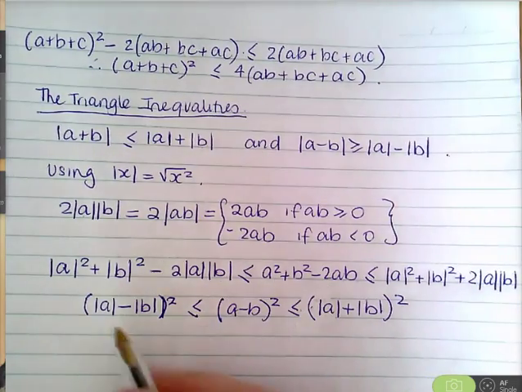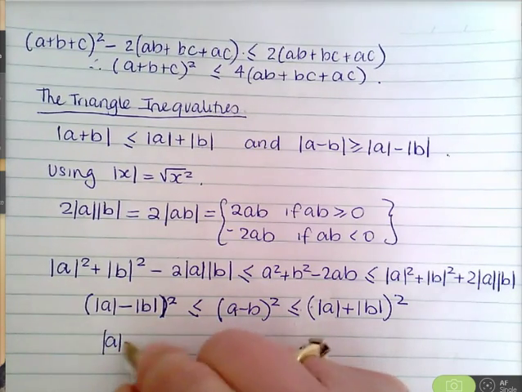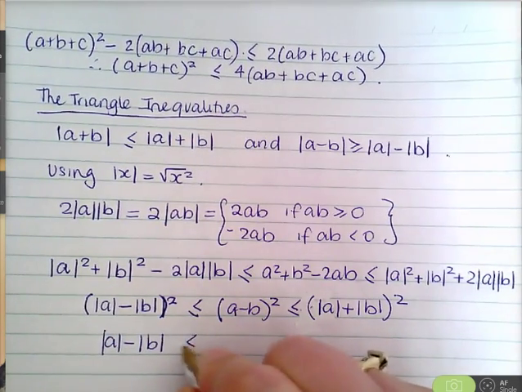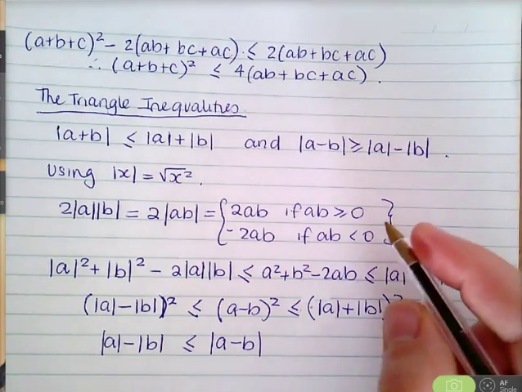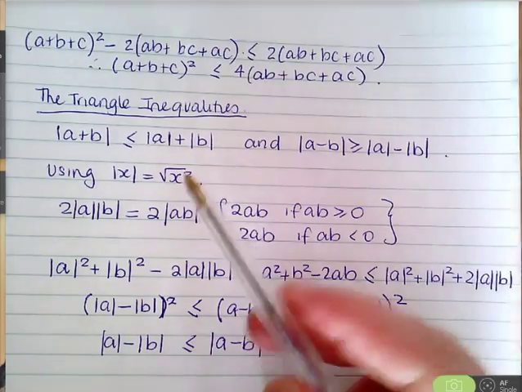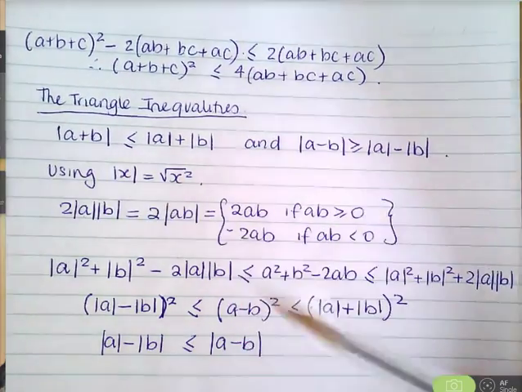Okay, now because these are now all positive, we can square root all expressions. Therefore the absolute value of a minus the absolute value of b is less than or equal to the absolute value of a minus b, and here we're using that when we square root x squared, it's equal to the absolute value of x.